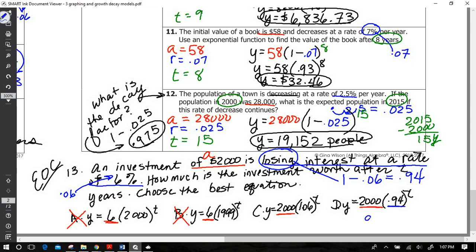So this represented decay. If you had done this incorrectly and added them, you would have gotten this equation, which is representing growth, okay? So we have our final answer of D. And then, of course, after t years, they just left the value of t for my exponent. They didn't even plug a number in there. Okay, so my answer is D.